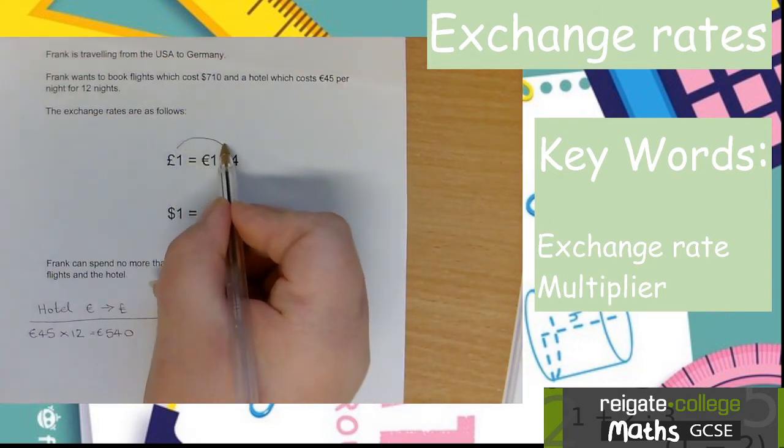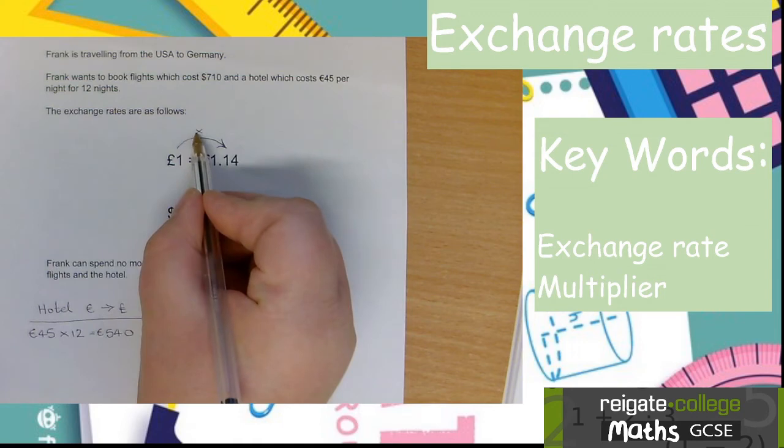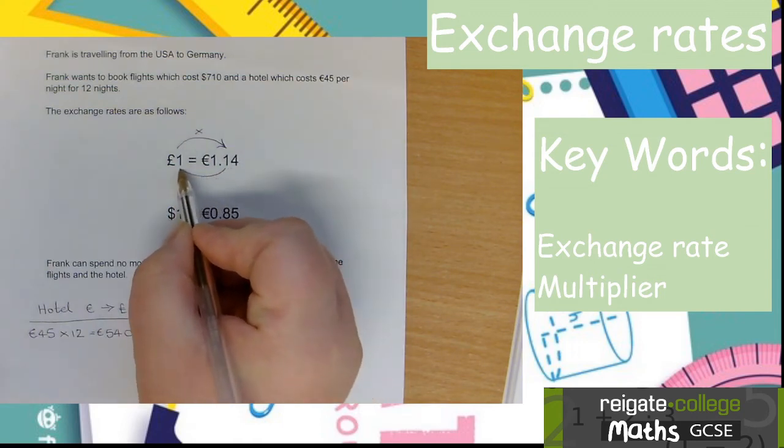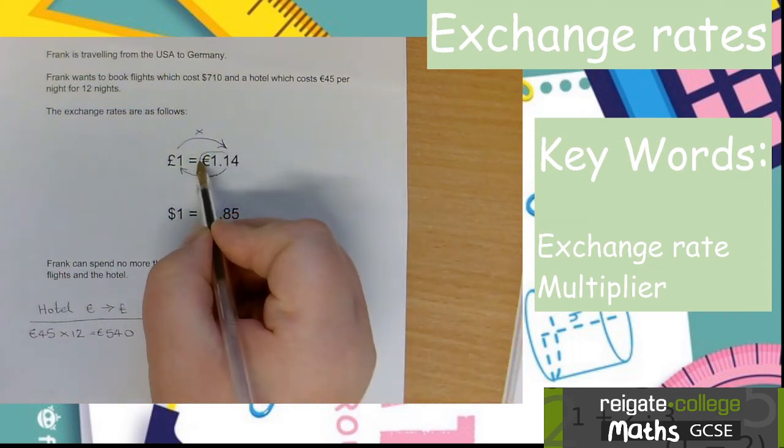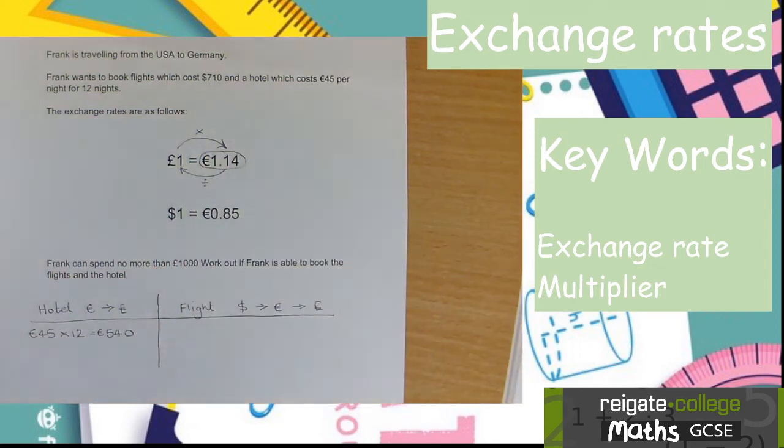So my first conversion is to calculate this from euros into pounds. If I were going that way, I remember I must times. If I'm coming back this way, it's going to be a division, remembering that I'm always going to use that number. 540 euros divided by 1.14 gives me a total euro bill converted to pounds of 473.68.